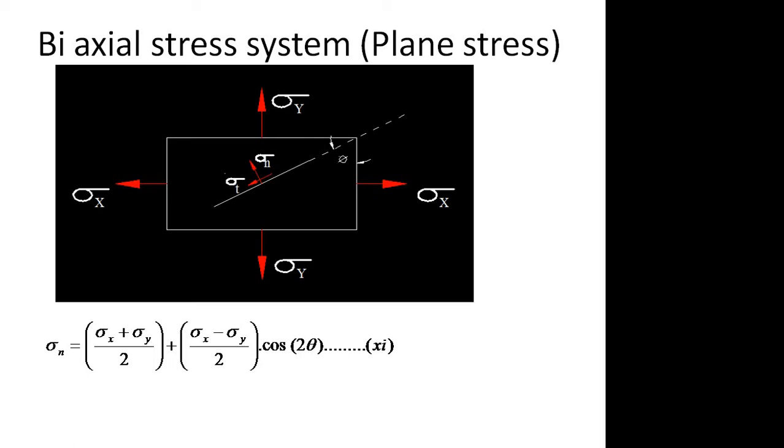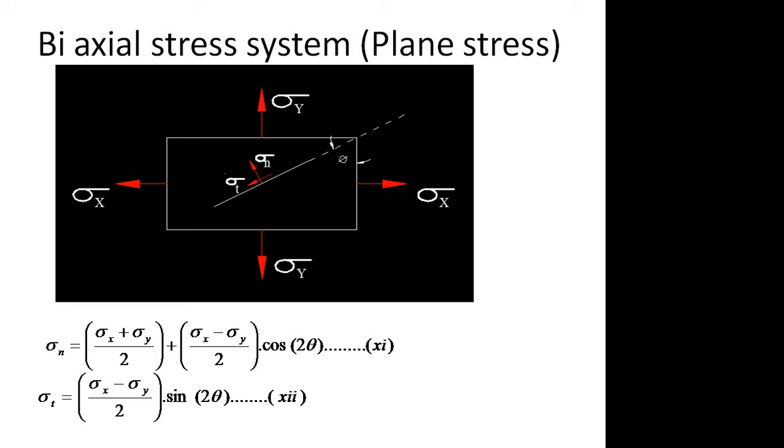Sigma n is equal to sigma x plus sigma y by 2 plus sigma x minus sigma y by 2 into cos 2 theta, where theta is the angle from the vertical plane or from the y plane. Remember this, the angle is measured from the vertical axis. And then similarly for sigma t, the equation is sigma x minus sigma y by 2 into sin 2 theta.